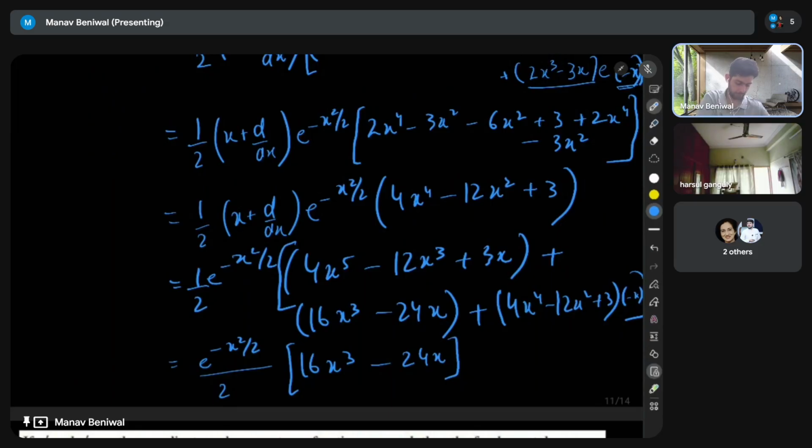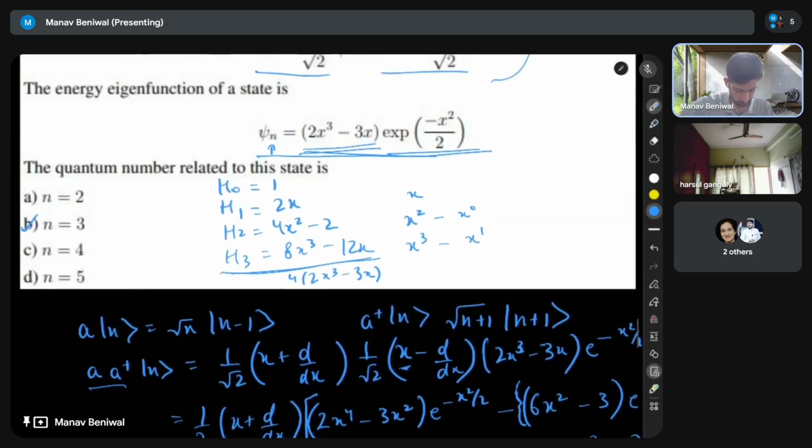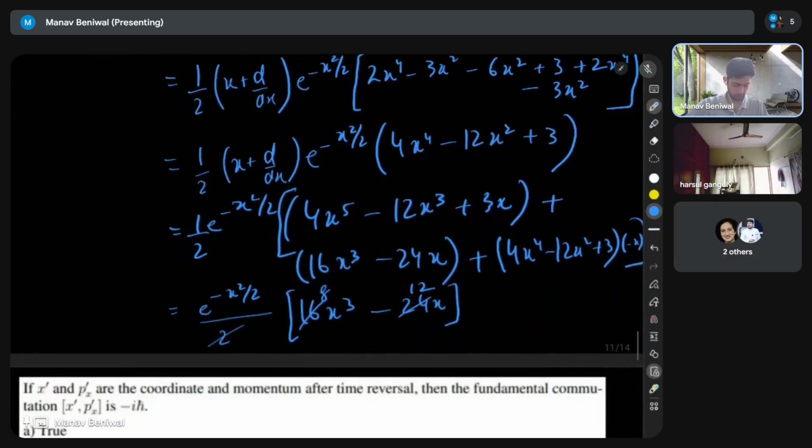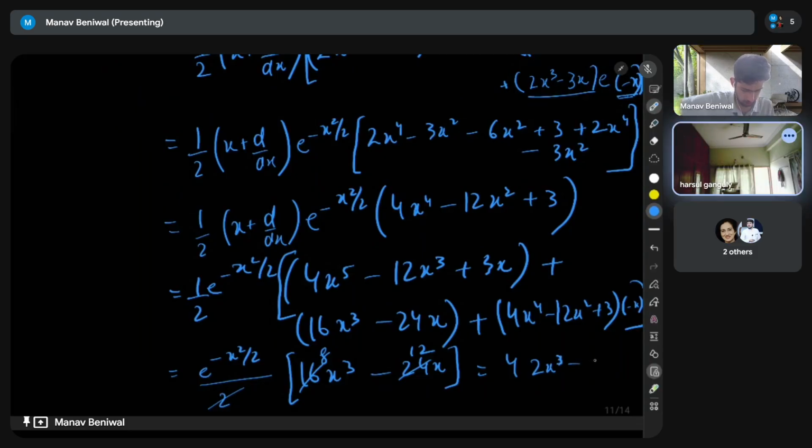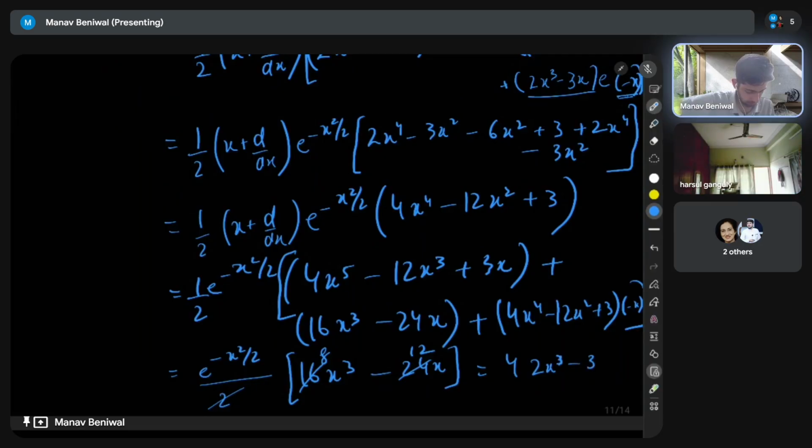Okay, so if I cancel out with 2, this will be 8x cube and this will be 12x. Good. So then I can take 4 outside, and this becomes 4 times (2x cube minus 3x), right?